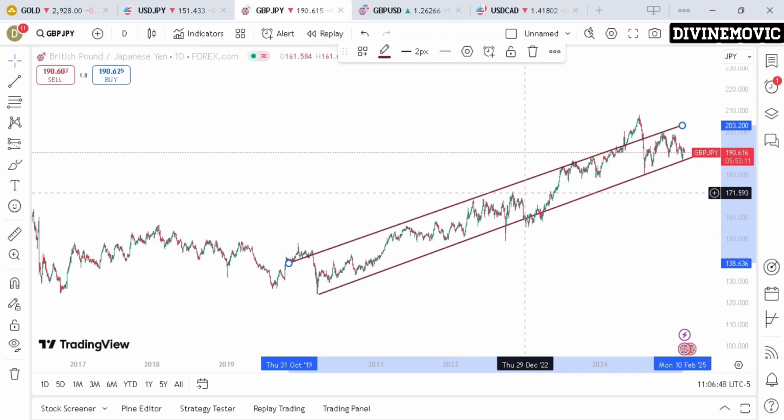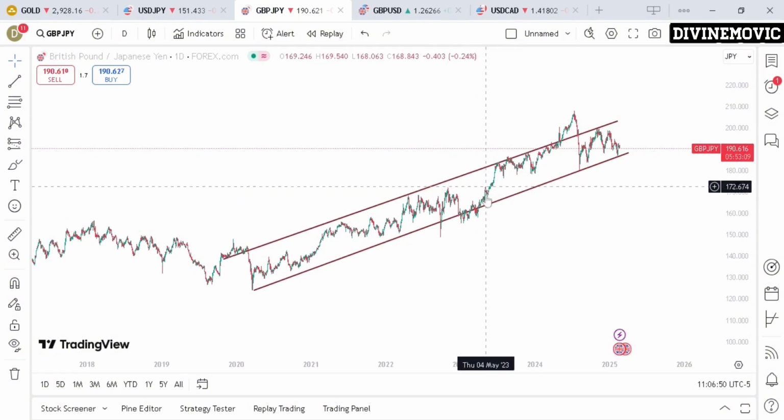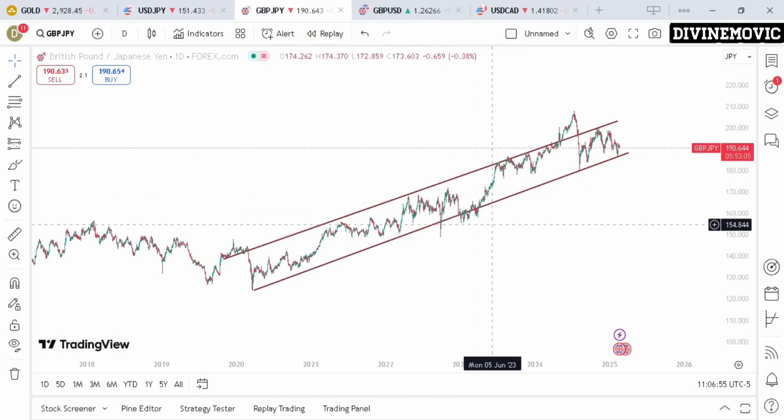Now, if you were to interpret this particular support and resistance, you would see that at every point price gets support, price always tends to buy to what? Resistance. And at every point price gets resistance, price tends to sell to support. In this case, price has gotten to support, so most likely price is heading towards resistance.